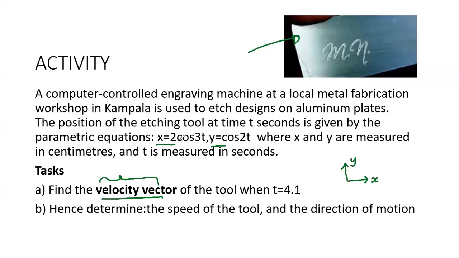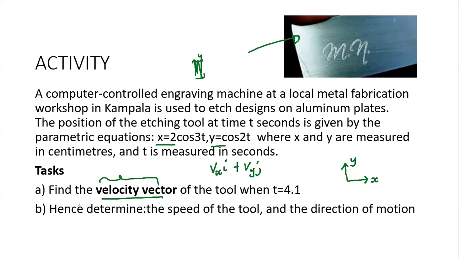And here we have two directions, the I and the J. That means that when the machine goes up, it's moving in the Y. There is some X and Y movement. Now, in our velocity format, we are going to find what is the velocity in the I component and what is the velocity in the J component. So that's what we are going to do.